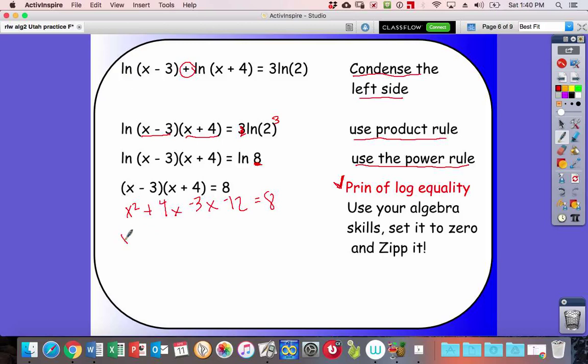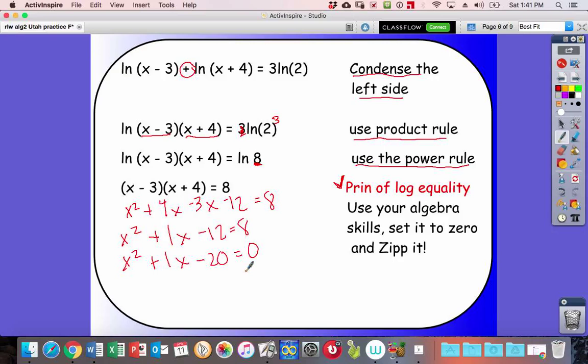Okay, I'm going to combine my like terms. X squared plus 1x minus 12 is equal to 8. Now I'm going to set that equal to 0. X squared plus 1x. If I subtract 8 from both sides, I get minus 20 equals 0.